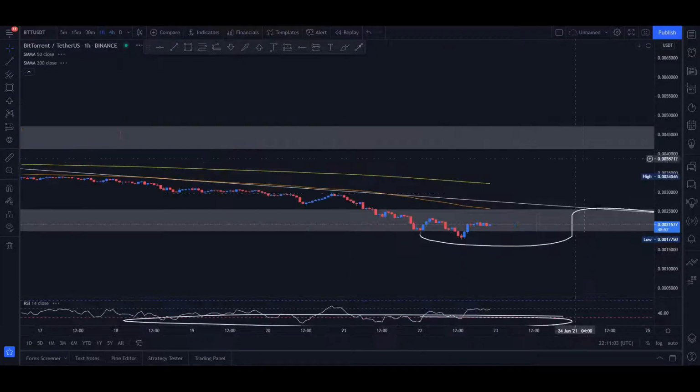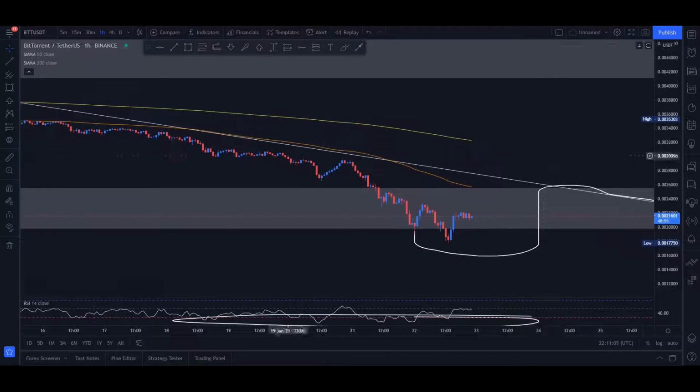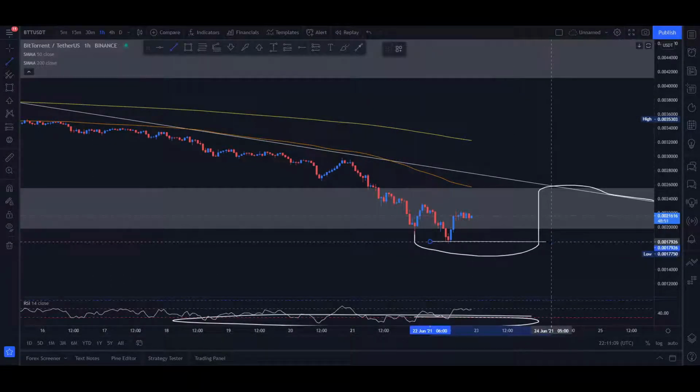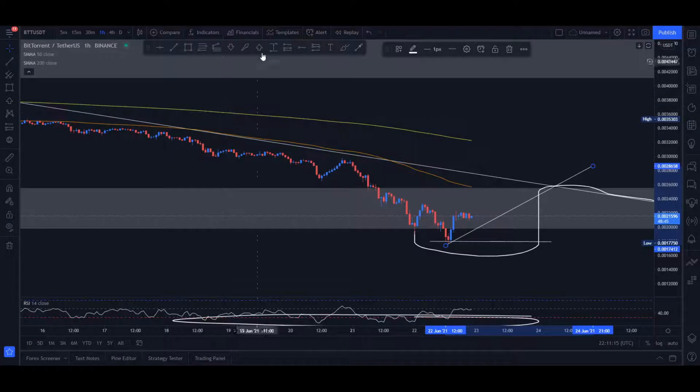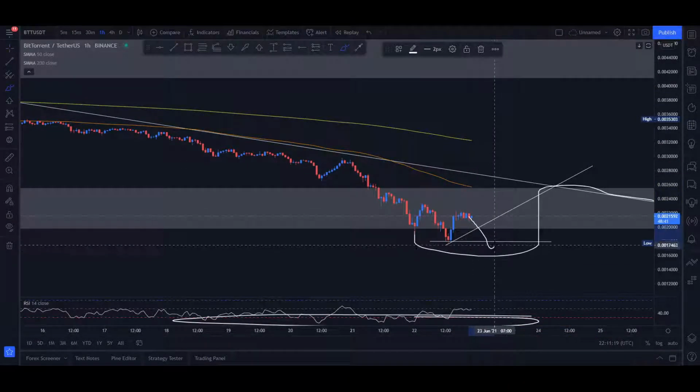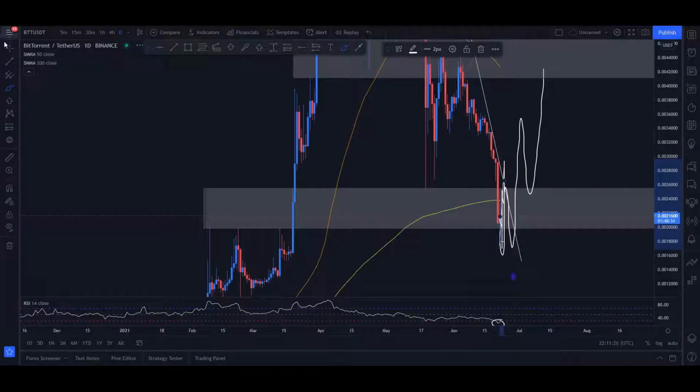We can see that even more clearly if we go into the hourly chart. So potentially this could be somewhat of a price floor level, and potentially we might start making higher highs and higher lows from this particular level. So let's say we can hit it once again, grab some liquidity down here, and then potentially start creating higher highs and higher lows. Now that would be it for BitTorrent.